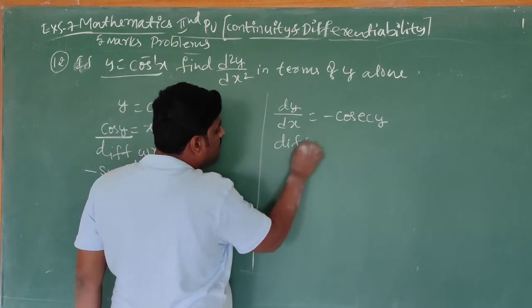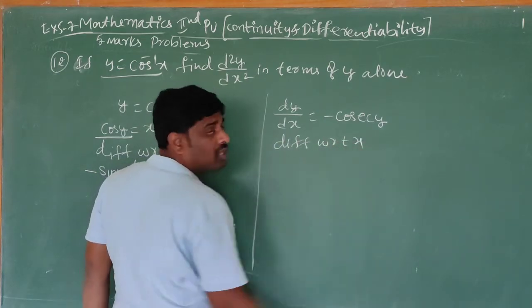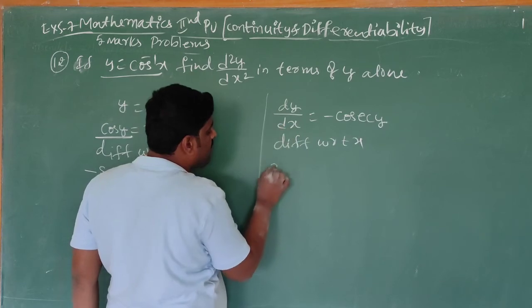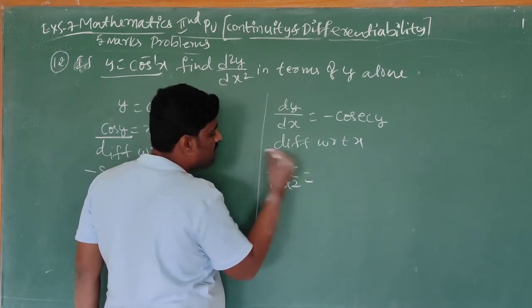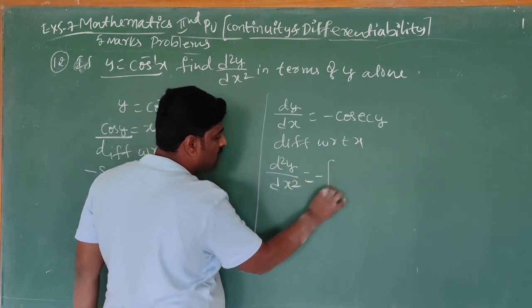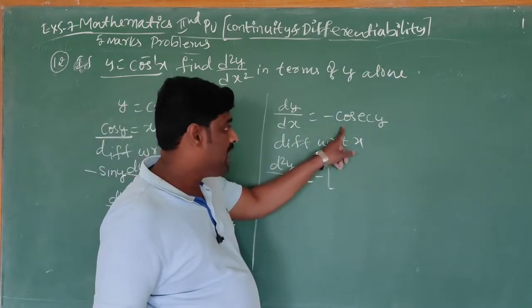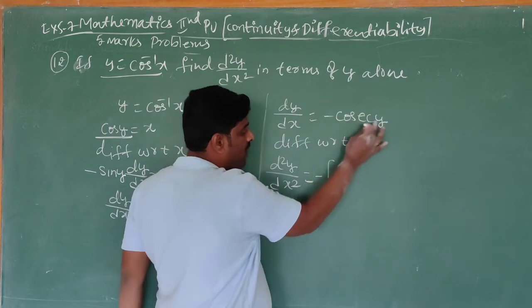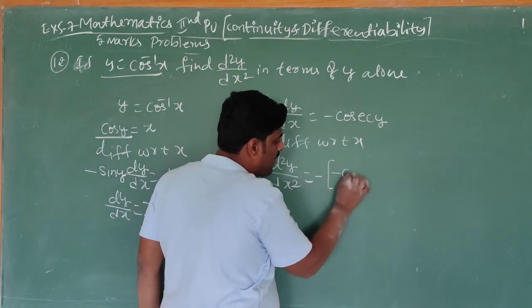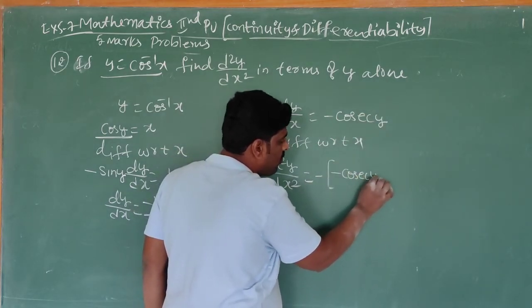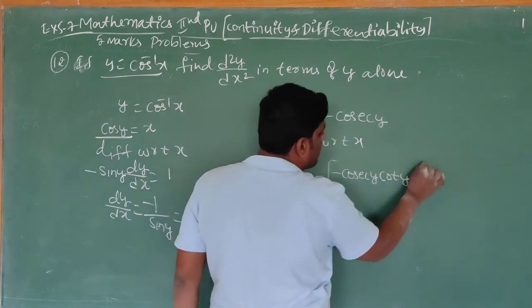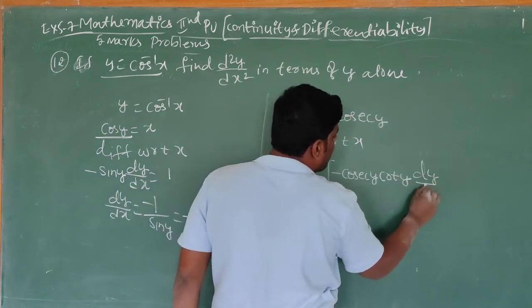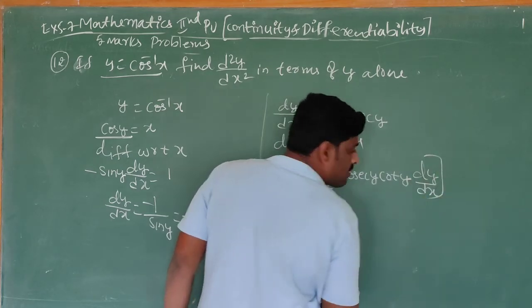Again differentiate with respect to x. dy by dx differentiation is d square y by dx square. Minus outside, cosecant y differentiation is minus cosecant y into cot y. y differentiation is dy by dx.